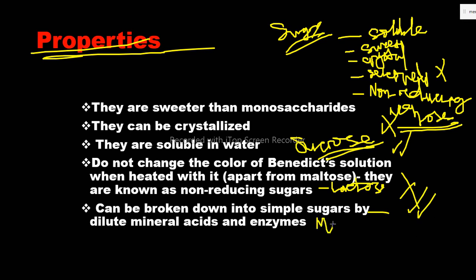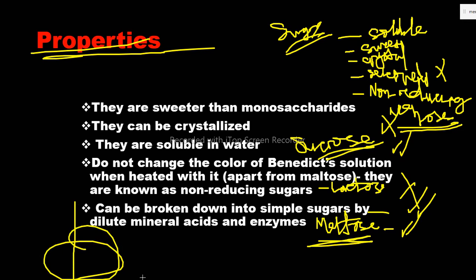Now when they give you maltose, okay, and you test for reducing sugars, then you get a positive test. That's why when they gave you starch and they say add there your saliva, and then you test for the reducing sugars, you were able to get the positive test. Why?